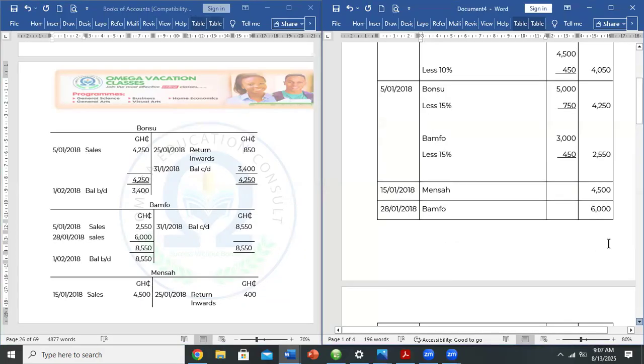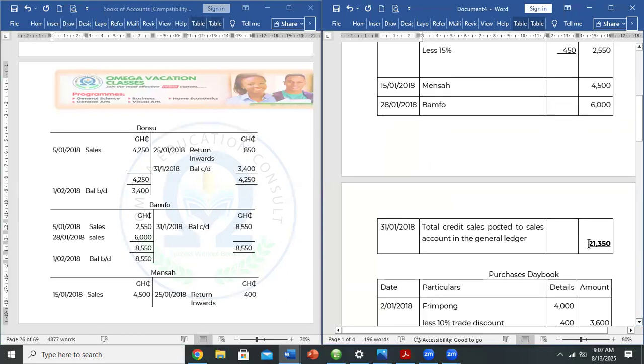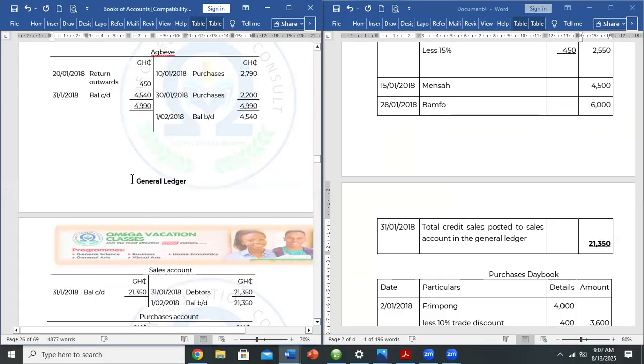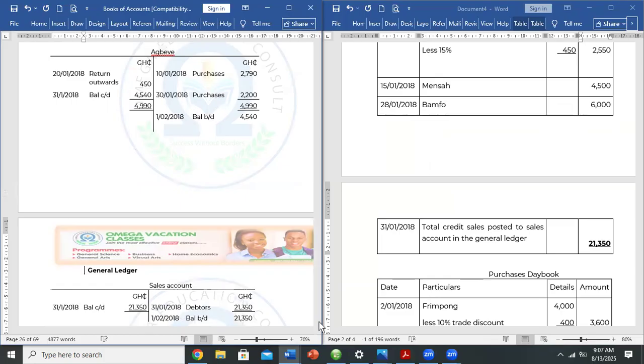So the totals will go to which ledger? The general ledger. So you find a page in your book and write the heading general ledger. In the general ledger, we'll open the sales account to record the total credit sales.